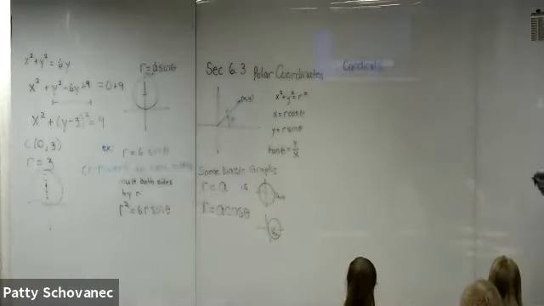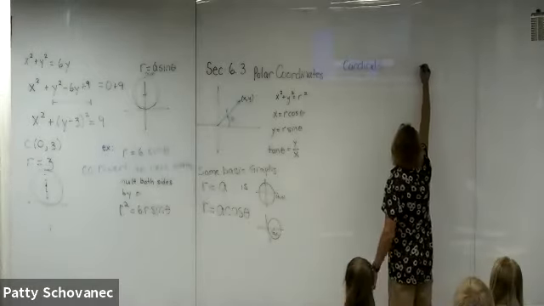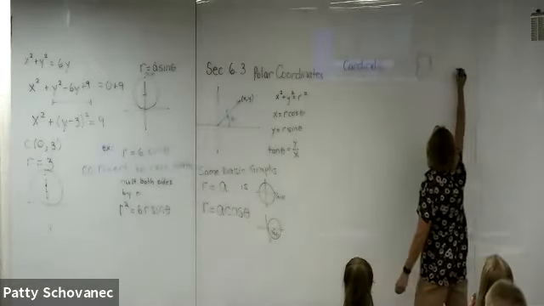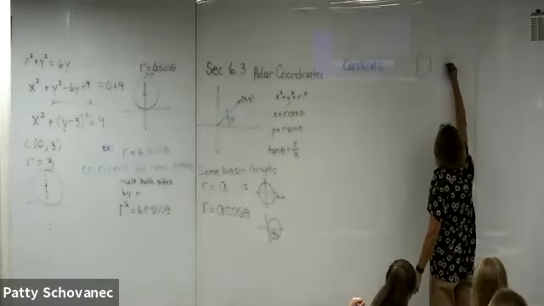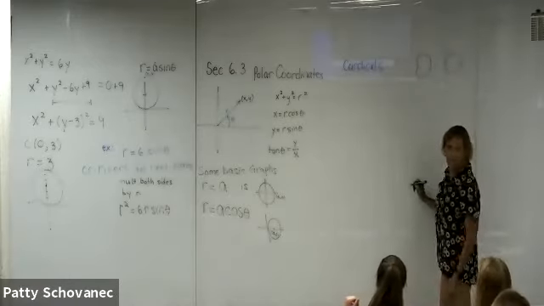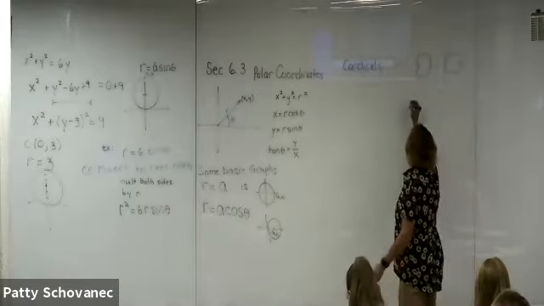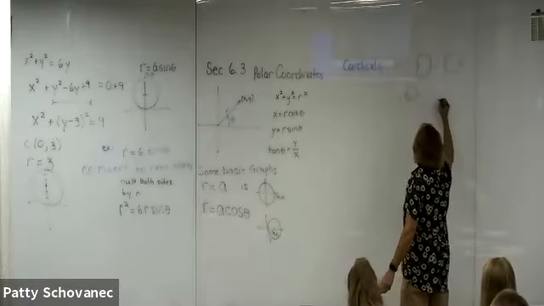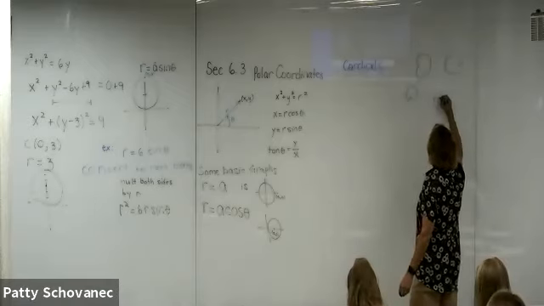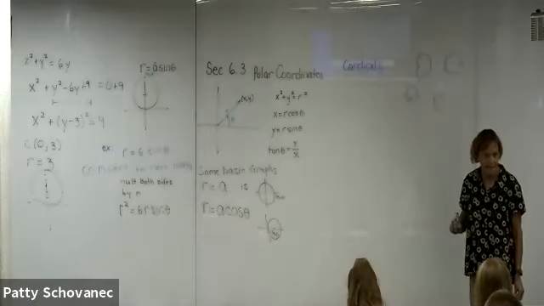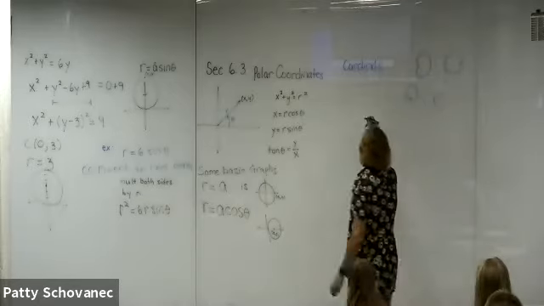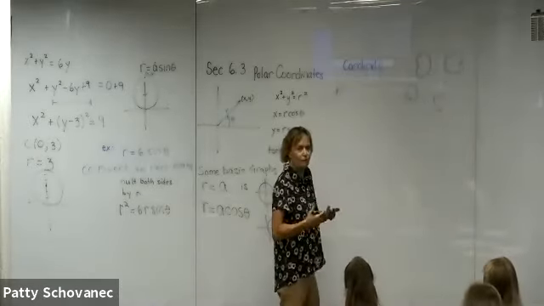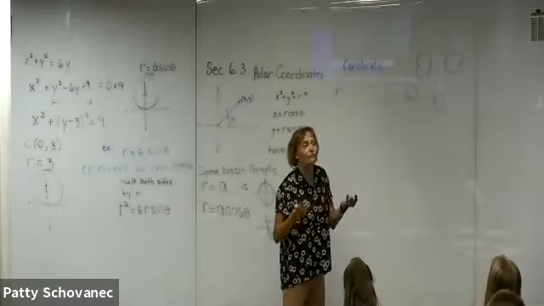A cardioid is going to have one of these shapes, either that way or that way. That's going to be a cosine, or it's going to be that way or that way if it involves a sine. And so the general equation is going to have the r over here. That's going to play the role of the function, the f of theta.